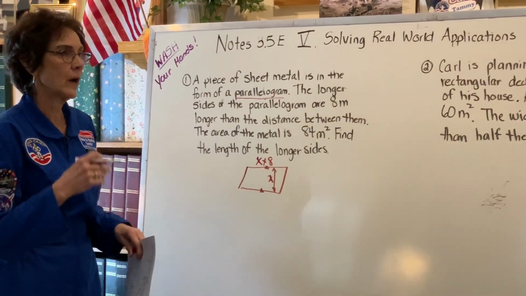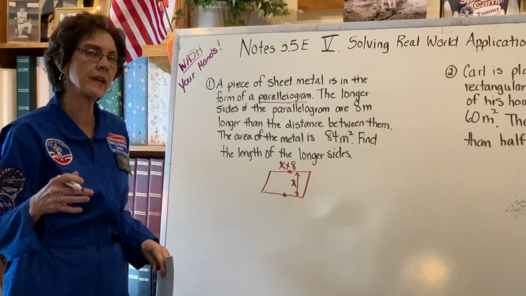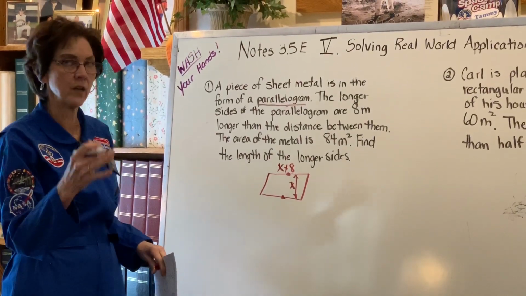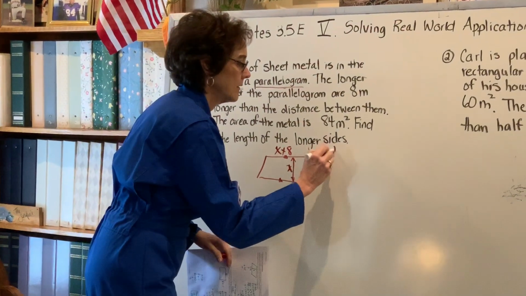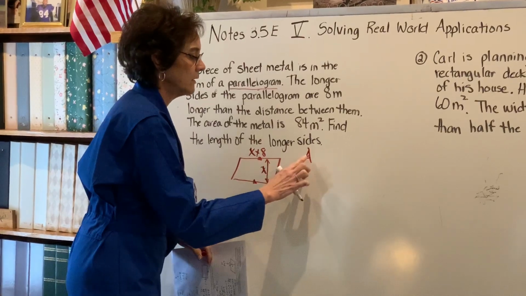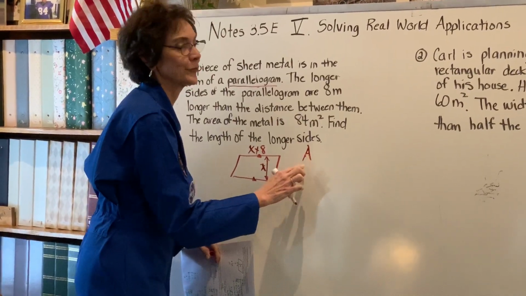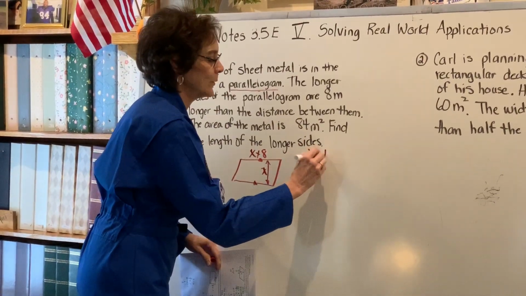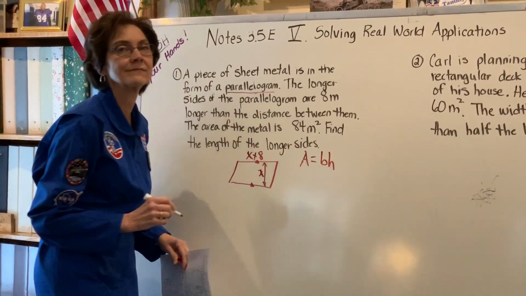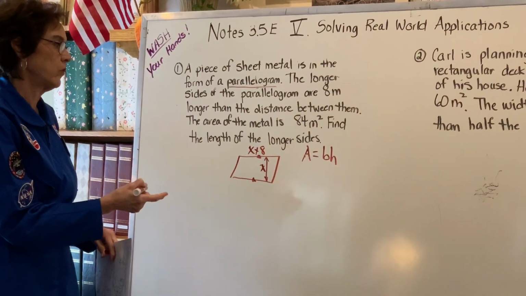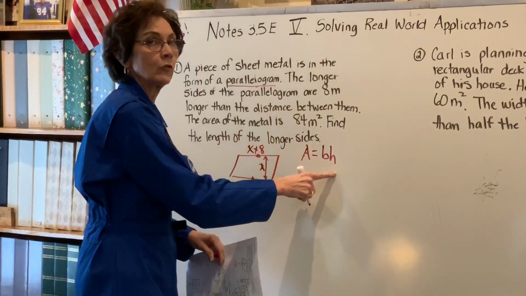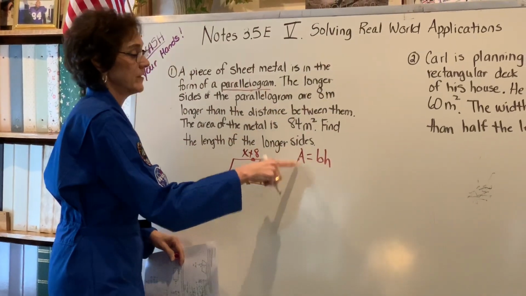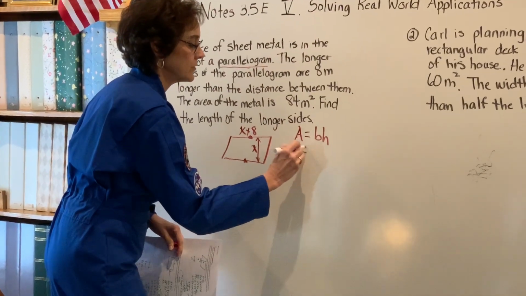It says that the area of the metal is 84 square meters. So hopefully you remember the formula for the area of a parallelogram. If not, I'll remind you. The area of a parallelogram, A equals base times height. So we can use this formula to write our equation. The area is 84 square meters.